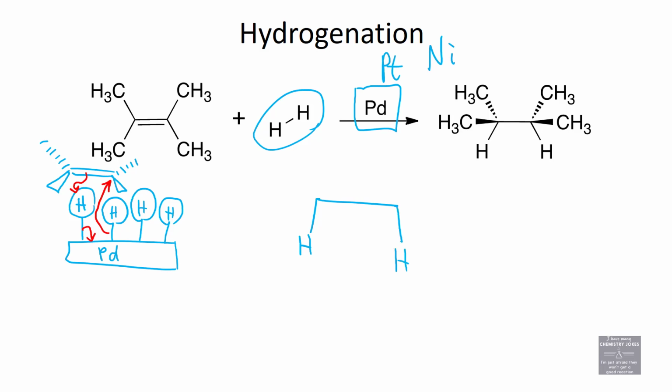So what I ended up with was 2 hydrogens simultaneously getting stuck to, hooking up with that alkene. My pi bond broke, and I got a single bond in the middle, an alkane in the middle, and both hydrogens jumped on simultaneously. What's the fancy word for simultaneously? Concerted.